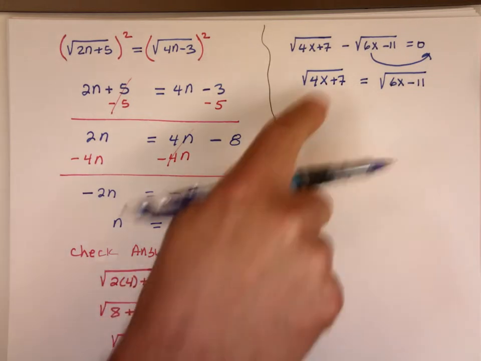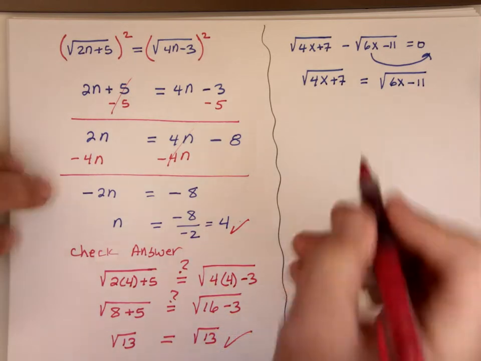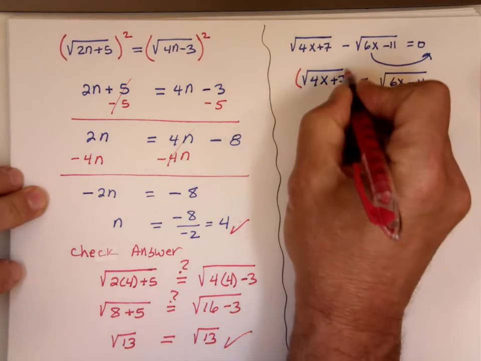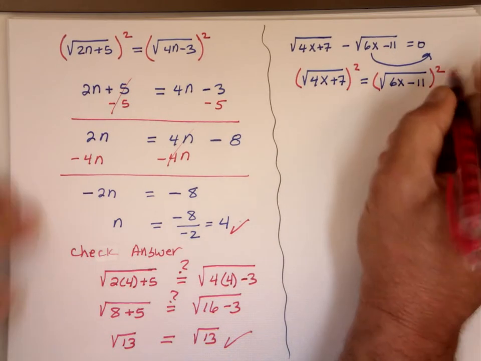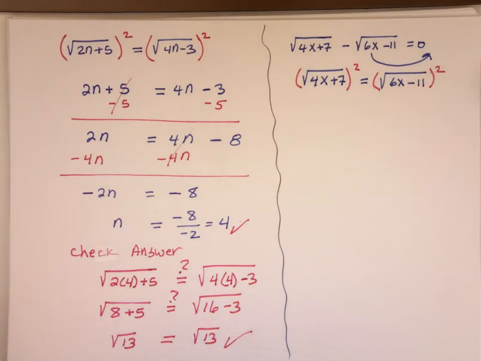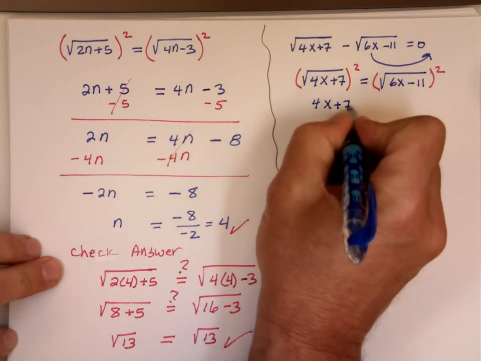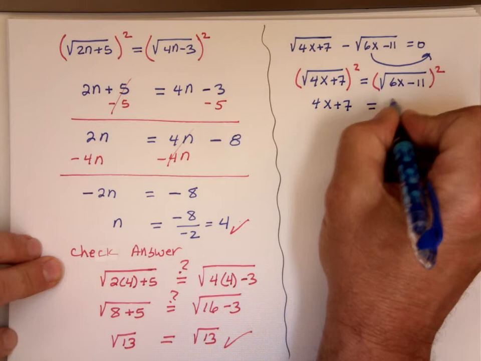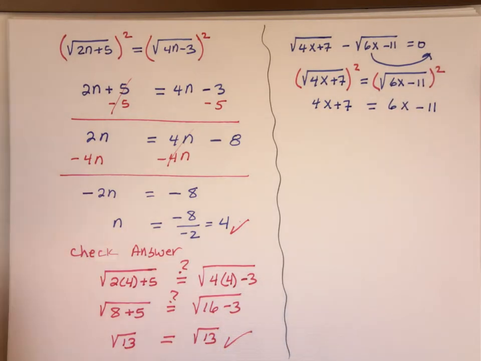So this one is equal to that. Now, to get rid of the square root, we need to square both sides. 4x plus 7 equals 6x minus 11. I need all the x's on one side, all the numbers on the opposite side. Doesn't matter which side.